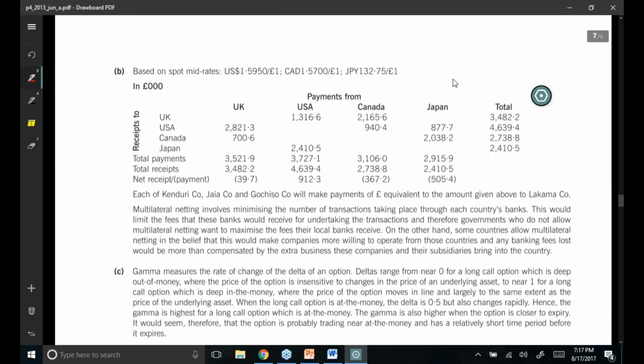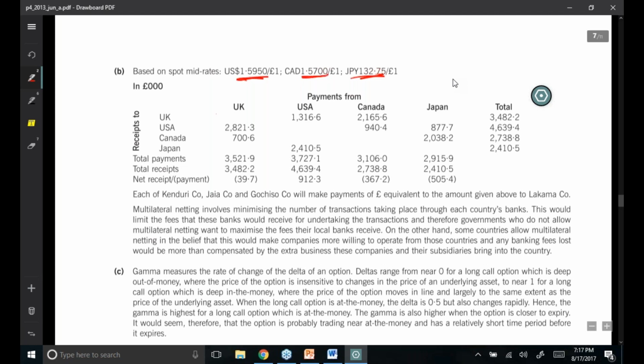Okay, the first step is examiner has calculated the mid spot rate and convert all the transactions using the spot rates into the pound currency and put all these payments into this structure.